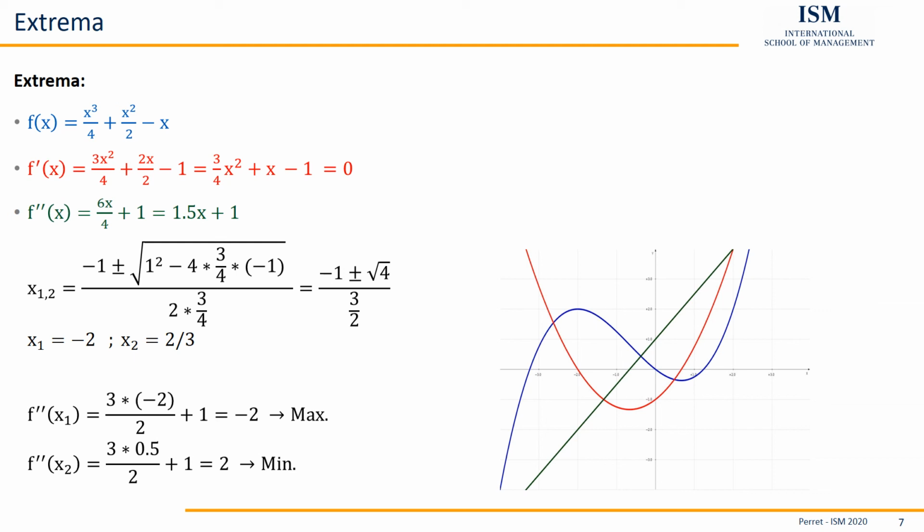If we insert 2/3, we get 2 as a result, implying that here we have a minimum. So in this case, we do not need the sign change criterion, because inserting this into the second derivative works just fine. And that's basically this example from start to finish.